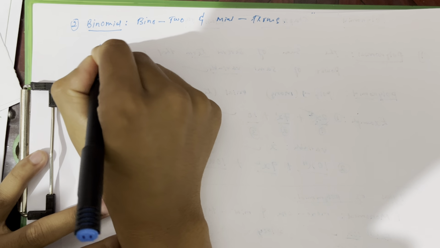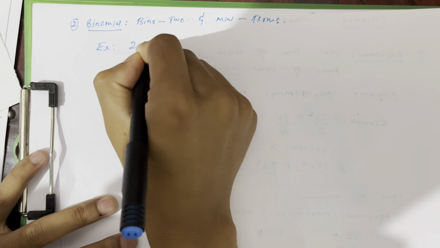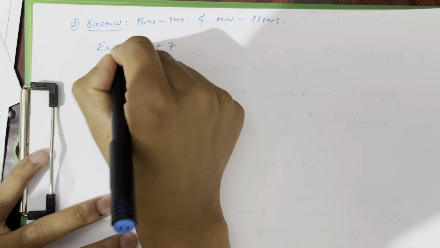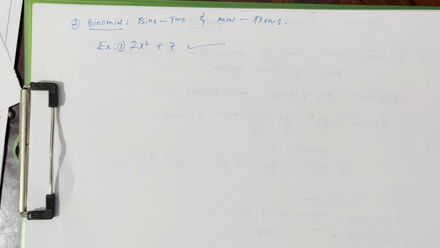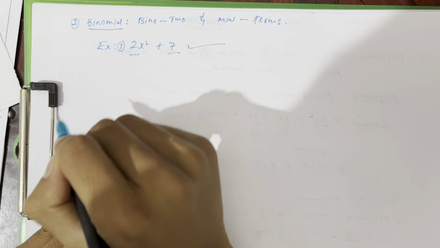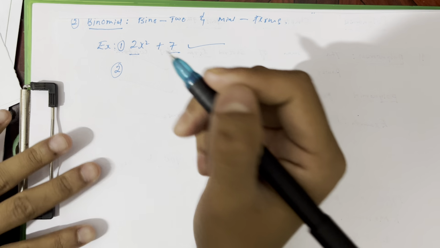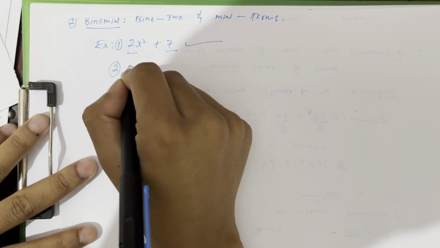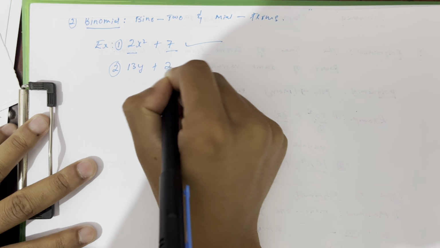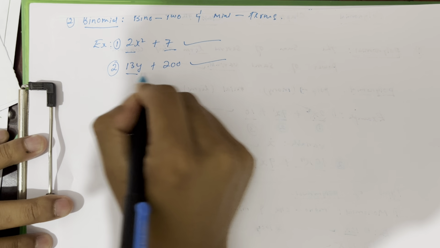Example: 2x square plus 5. This is an example of binomial. How many terms do we have here? One term, two terms. Okay, and then another one: 13y plus 200. This is also an example of binomial. How many terms here? One term, two terms.